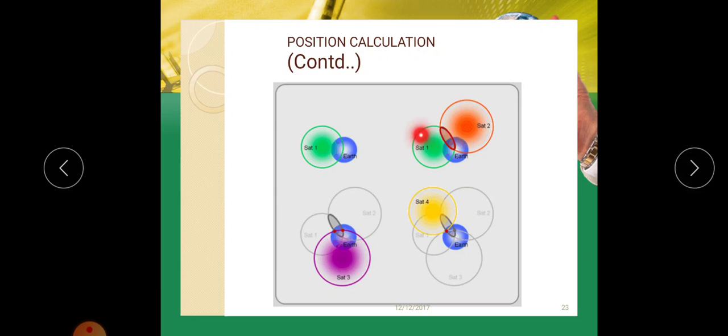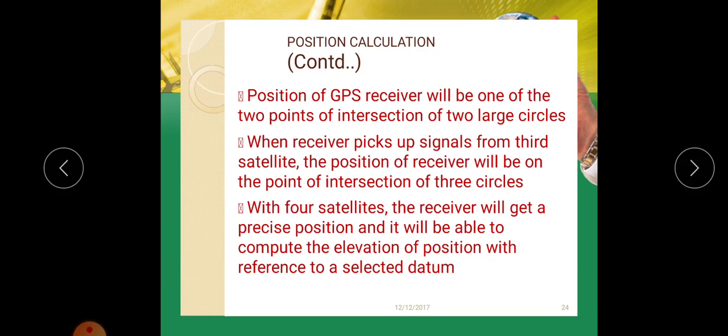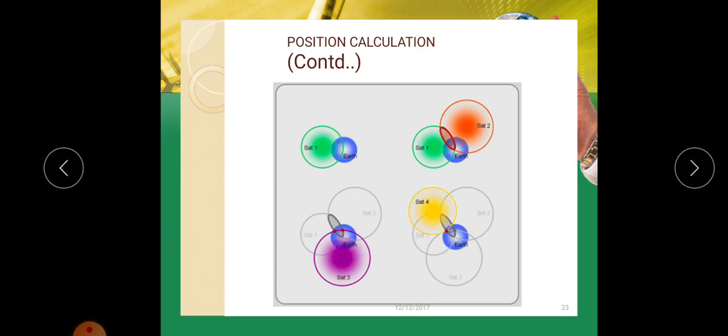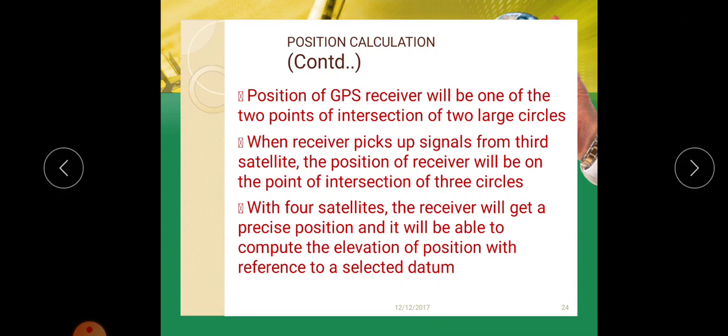If the point is captured by 2 satellites, the position of the GPS receiver will be one of the 2 points of intersection of 2 large circles.